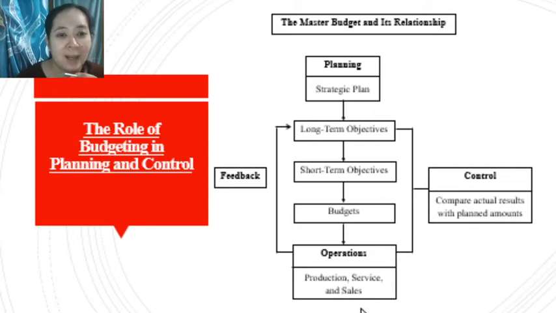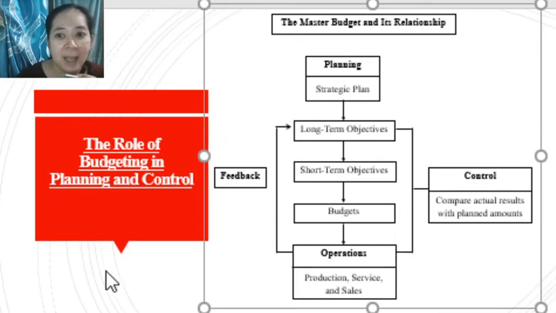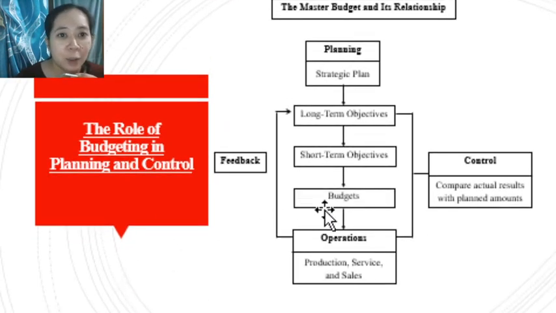Okay, and then as time passes by, for control purposes, of course, we will compare the actual results from the operations with that of the planned performance. So here, the management is going to determine if there are variations or deviations between the actual result and what is actually planned or budgeted.